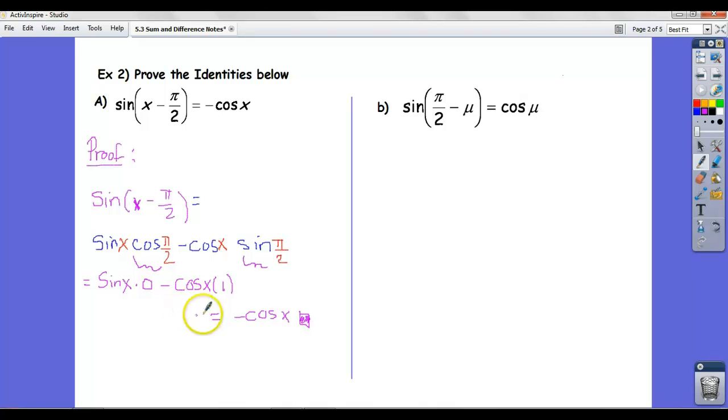And what do you know? This is going to work out as it should, because it's a proof, so everything is set up to work out. Sine of x times 0 is 0, so this equals 0. Cosine of x times 1 is just cosine of x. And so I get my results.